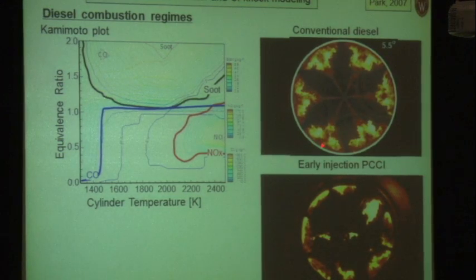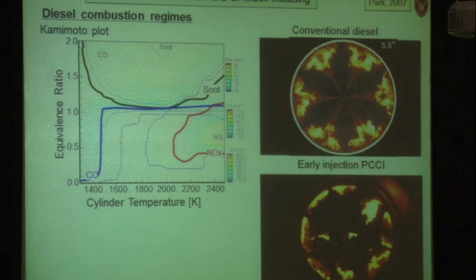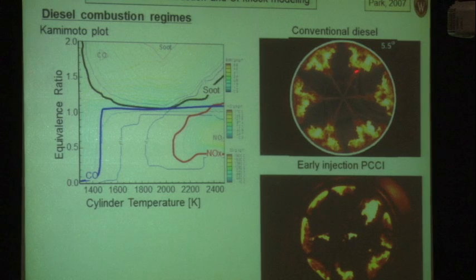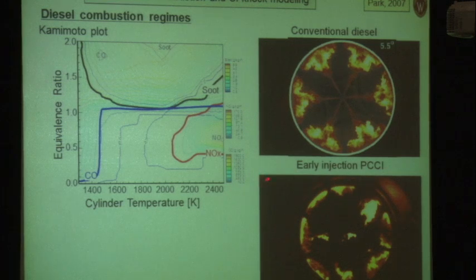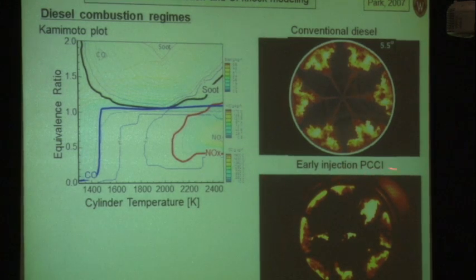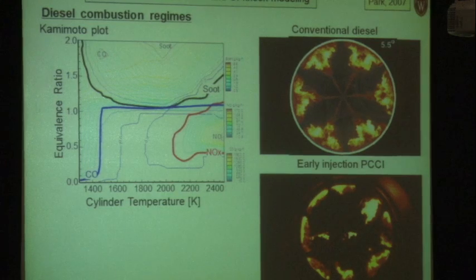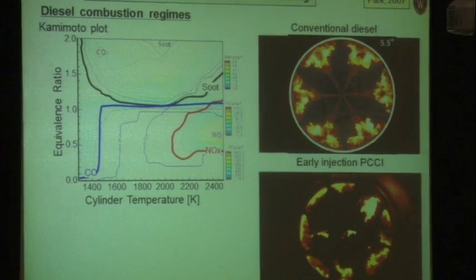One of the concerns, of course, with standard diesel combustion is that it generates both particulates and nitric oxide. The particulates coming from the rich regions in the interior of the jet, and the nitric oxide coming from the diffusion flame at the boundary of the jet, where the temperatures are the highest. So one way of trying to deal with that is to use what's called early injection, partially premixed combustion, or premixed charge compression ignition.